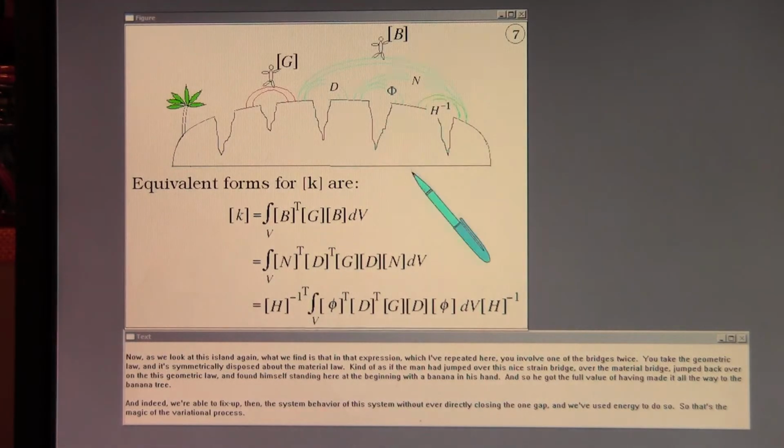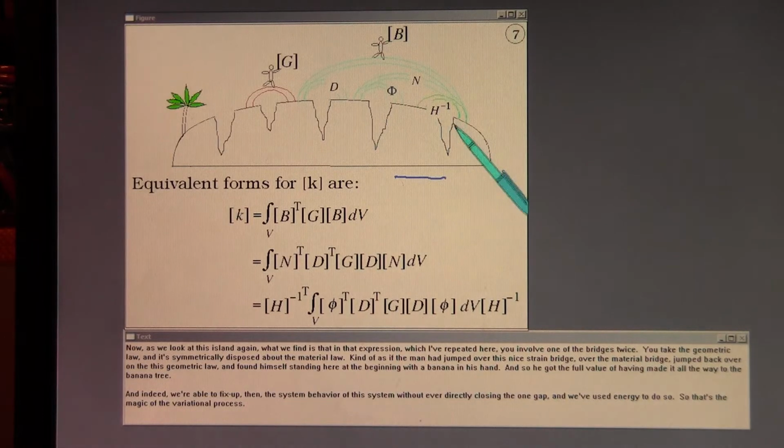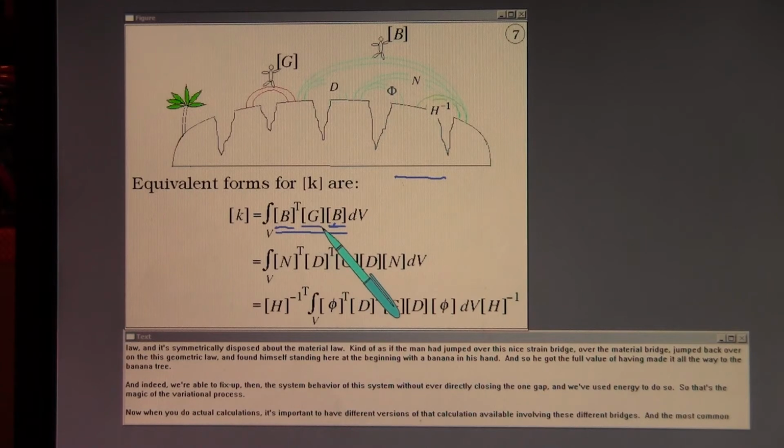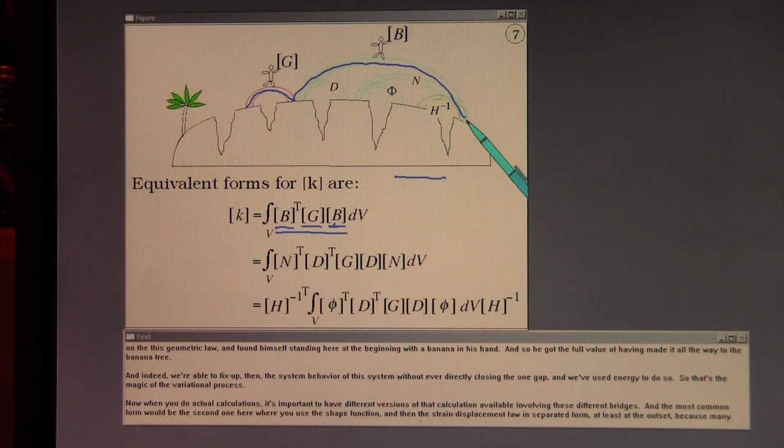Now, as we look at this island again, what we find is that in that expression, which I've repeated here, you involve one of the bridges twice. You take the geometric law and it's symmetrically disposed about the material law. Kind of as if the man had jumped over this nice strain bridge, over the material bridge, jumped back over on the geometric law, and found himself standing here at the beginning with a banana in his hand.